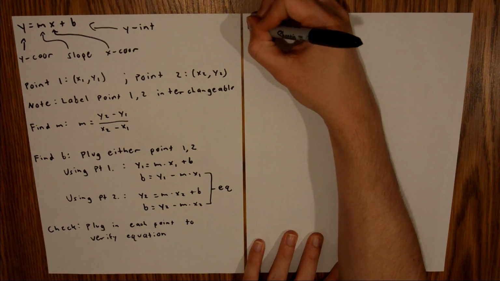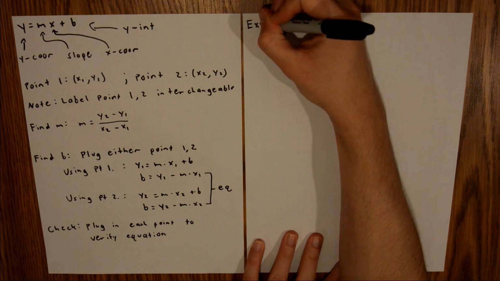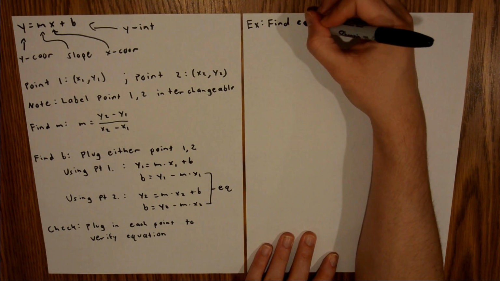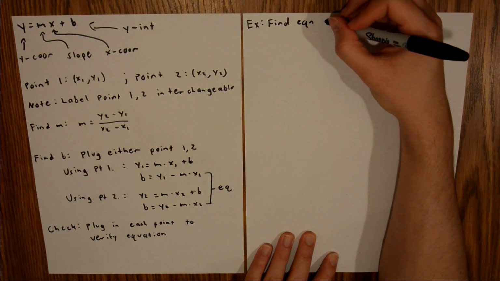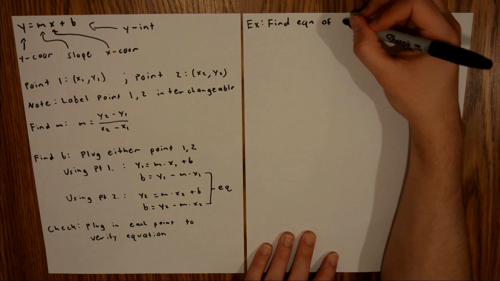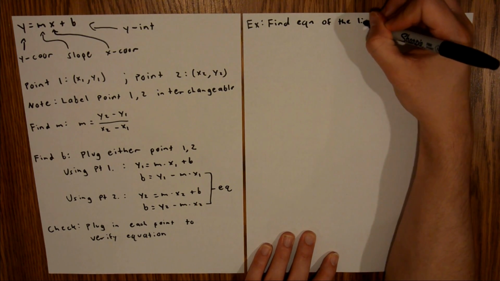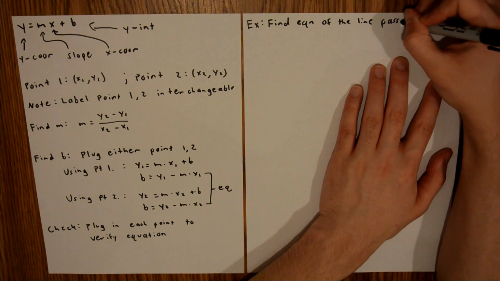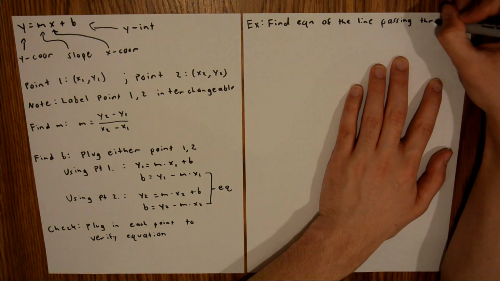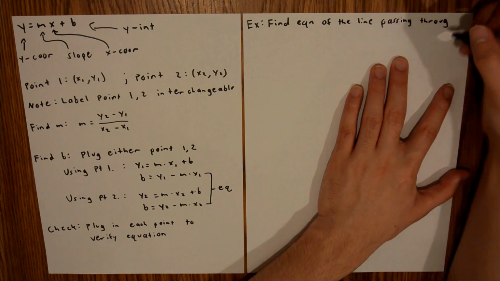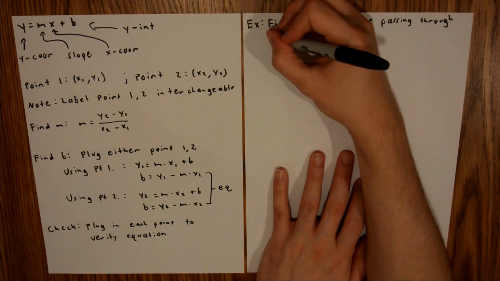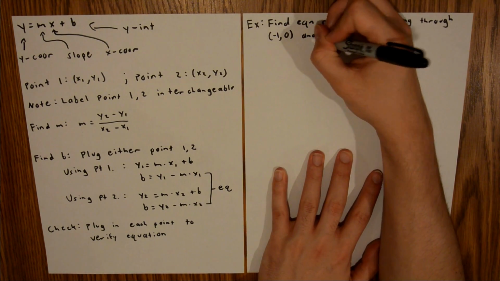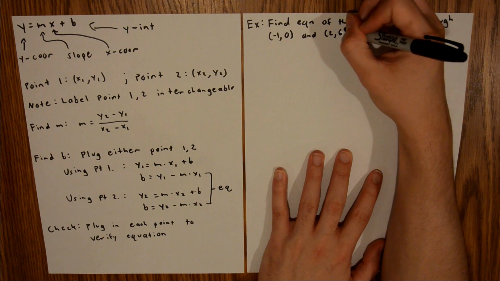Okay, so for the example that I'm going to show, we're going to say find the equation of the line passing through (-1, 0) and (2, 6).